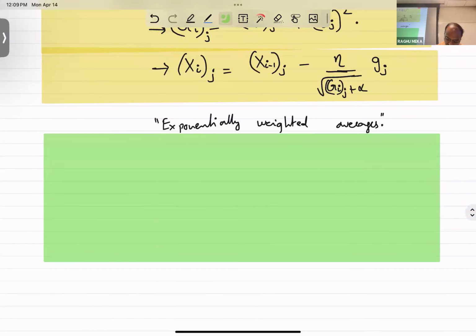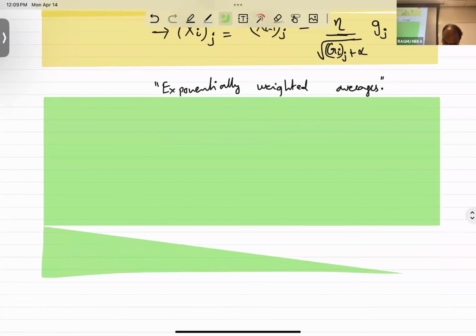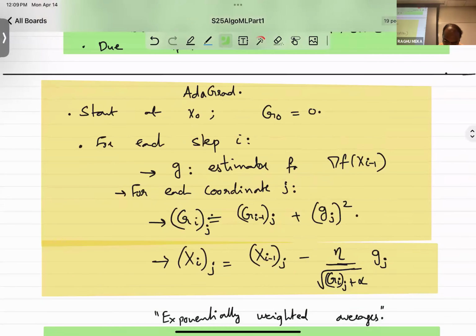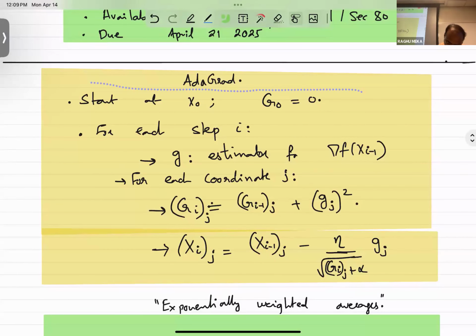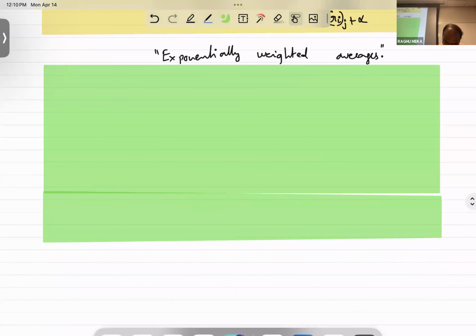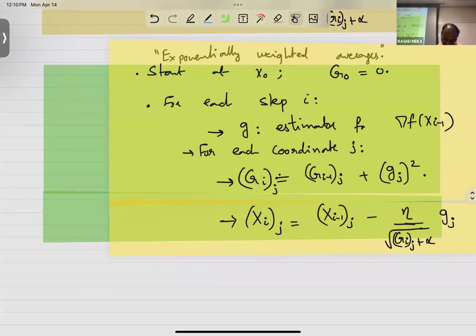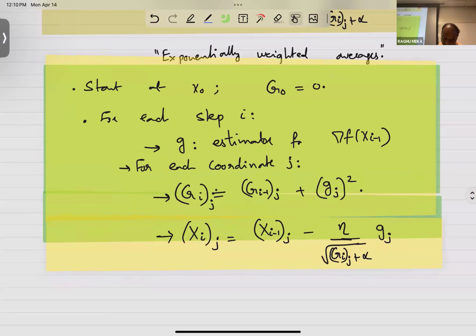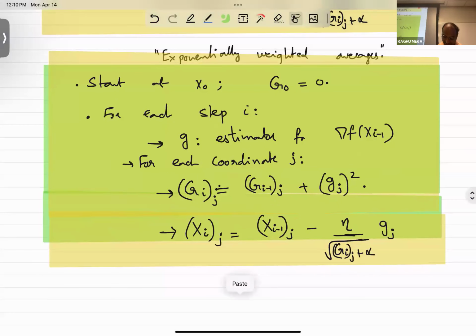Okay, so what is this algorithm? Okay, that didn't work. We'll make do. Some weird color, but it's okay.